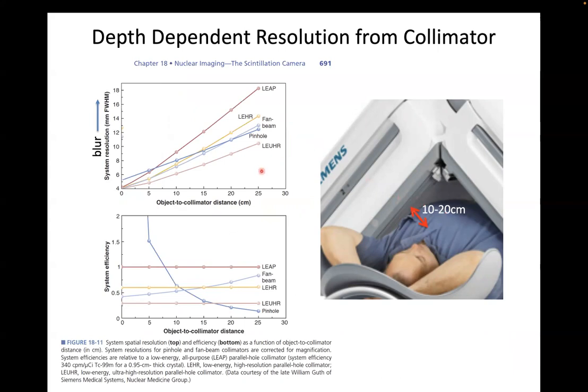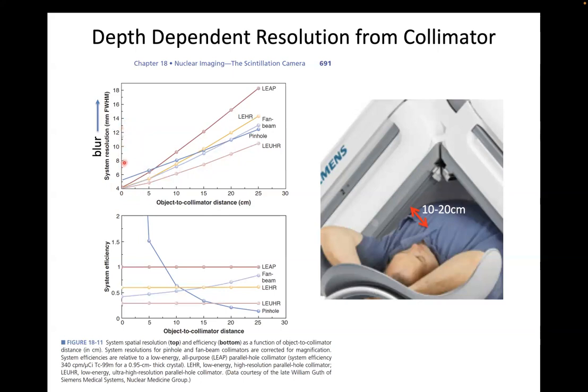And these graphs show basically the full width at half max of the point spread function of the system. They can measure this by putting a tiny sphere in the system and looking at the blurry picture of that sphere as they move it away from the detector. A low number on this graph is good.